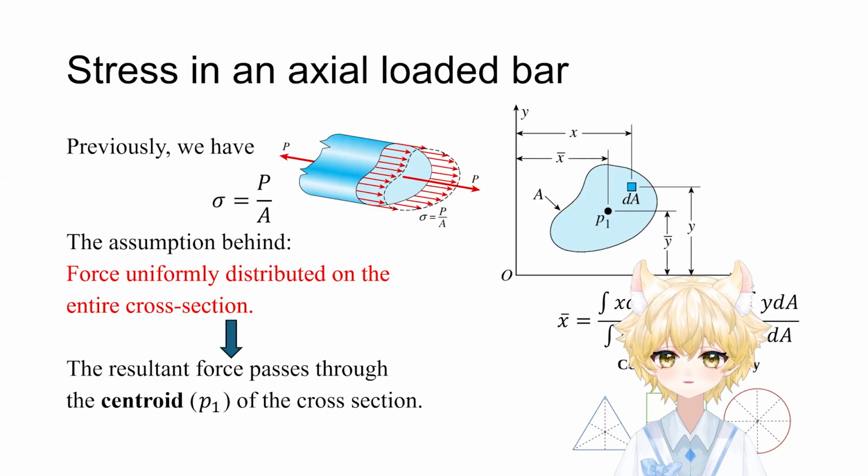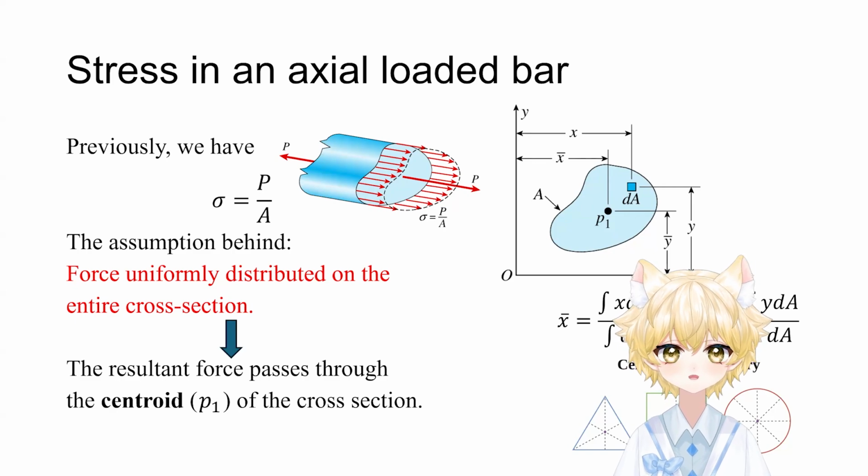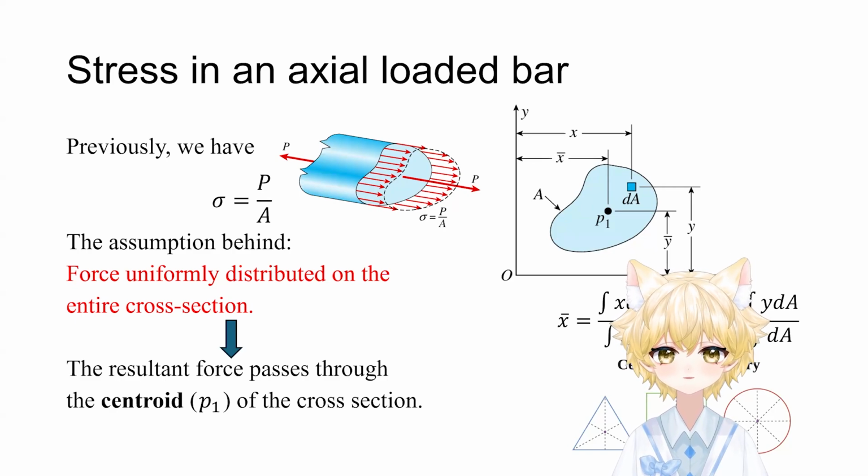We will revisit this centroid concept later in the third session, the bending section, right? But right now you need to know that only when the equivalent concentrated force passes through the centroid, it won't generate any bending moment. If the force is off center, it creates bending, and this simple formula breaks down, right?